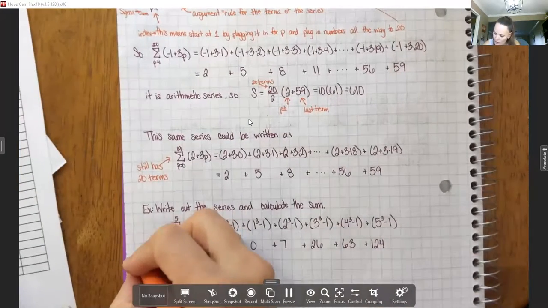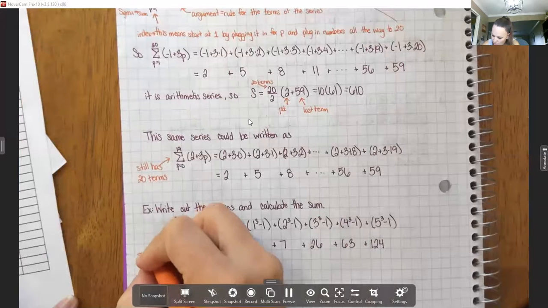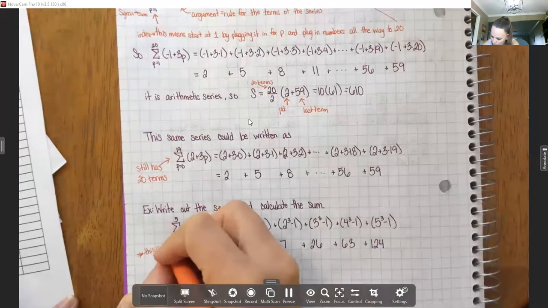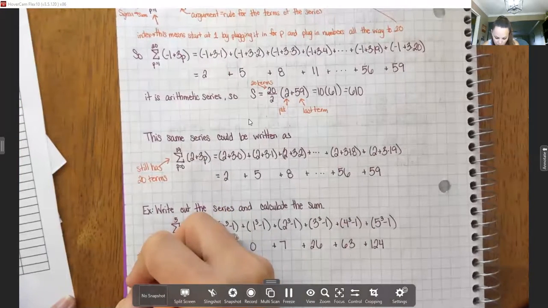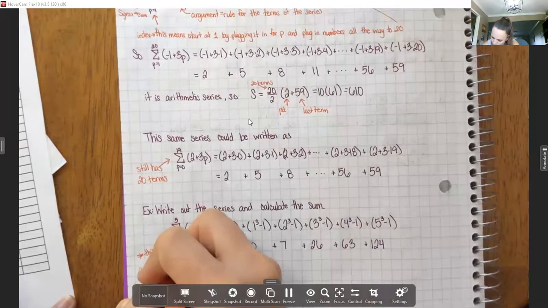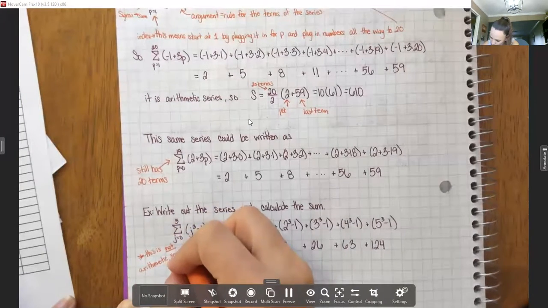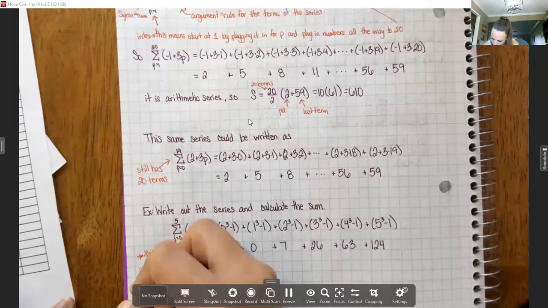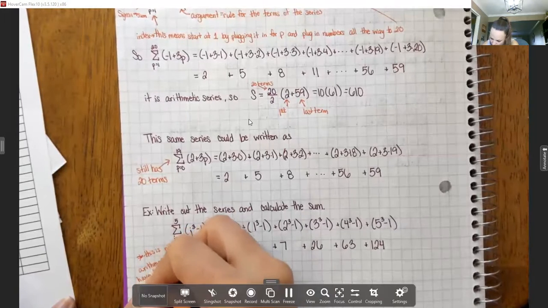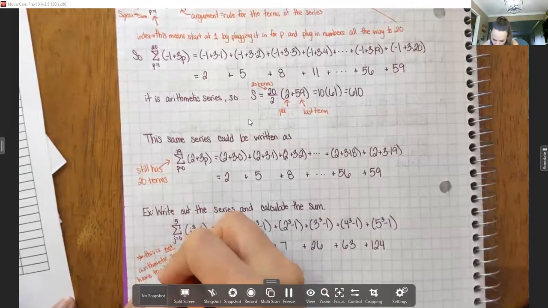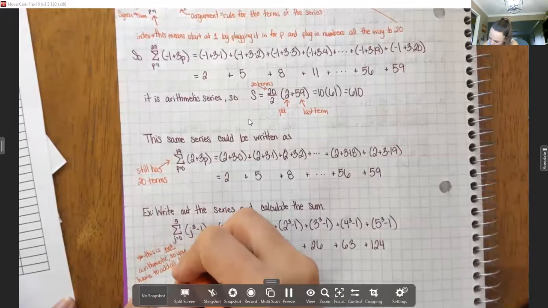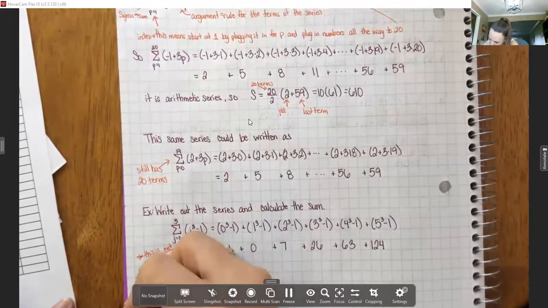We want to be careful here. This is not arithmetic. So you have to add all terms without a shortcut.